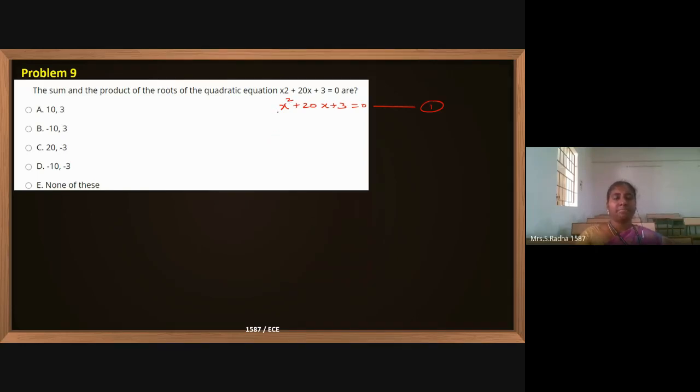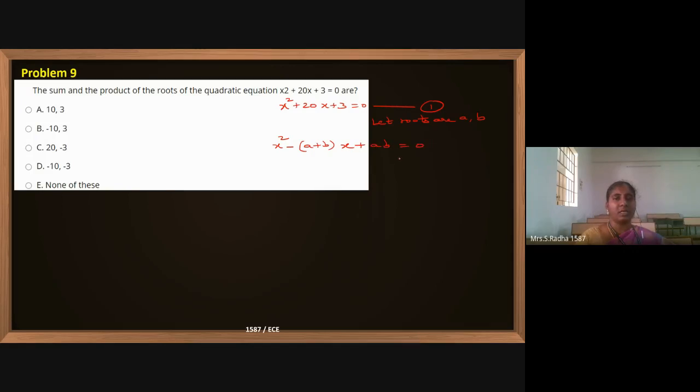So generally, if the x square coefficient is 1 and the roots are a and b, the equation will be x square minus sum of the roots into x plus product of the roots equal to 0.